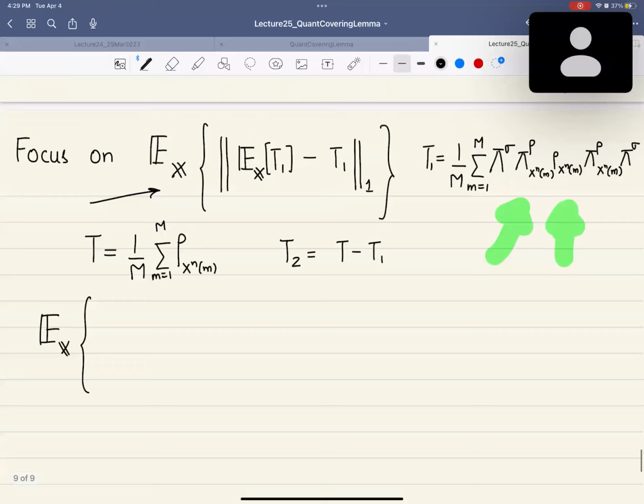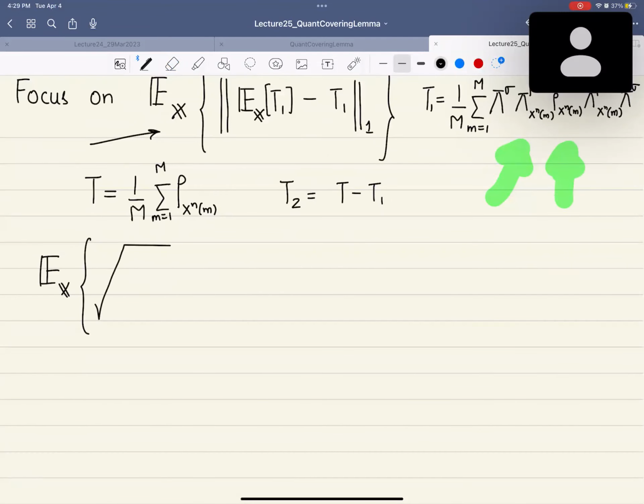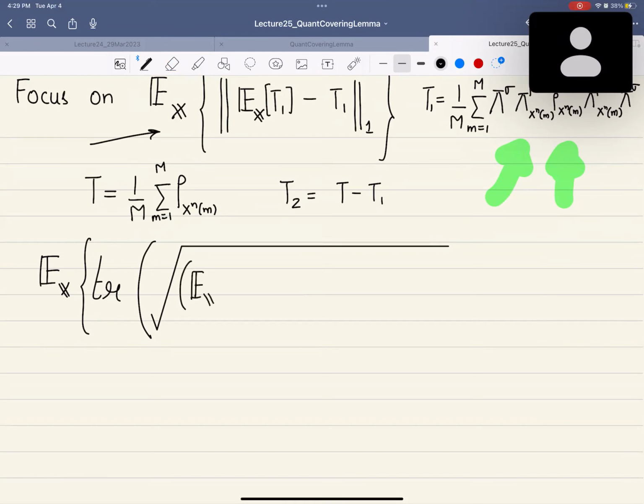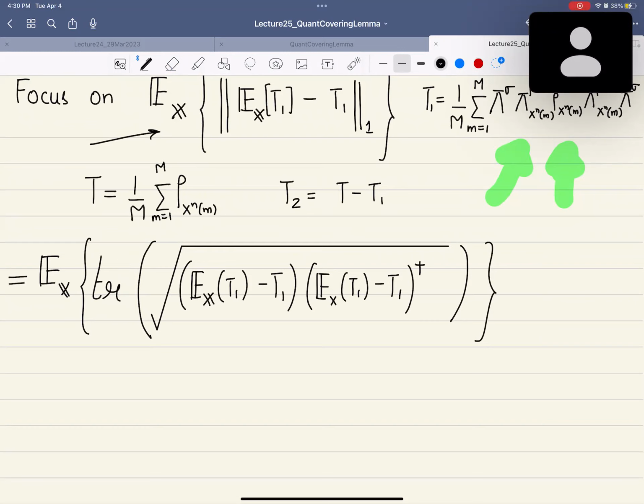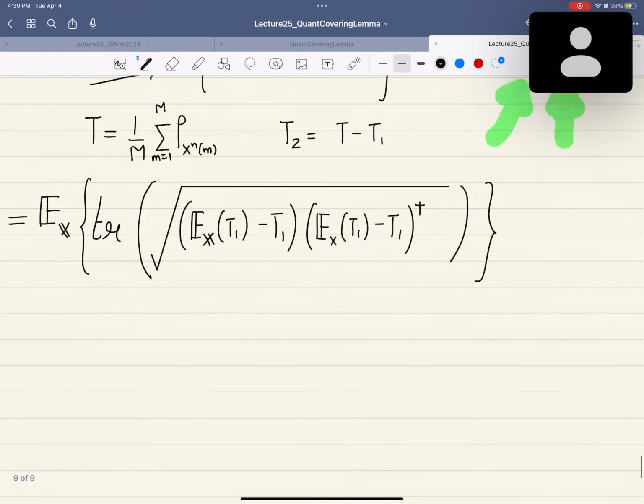So remember, by definition, it is the trace of the absolute value of the operator.